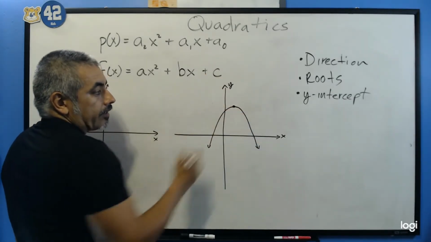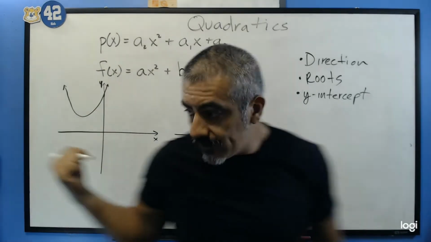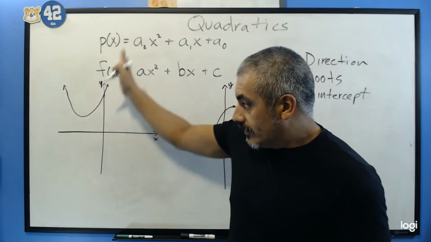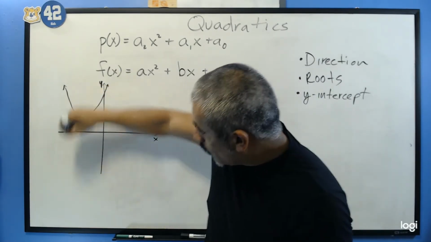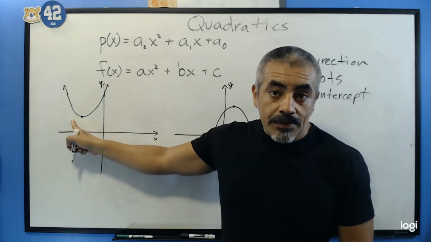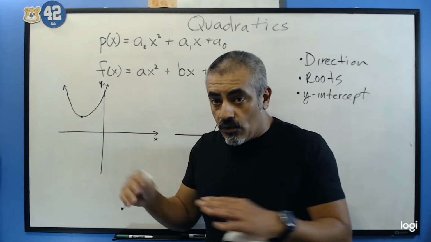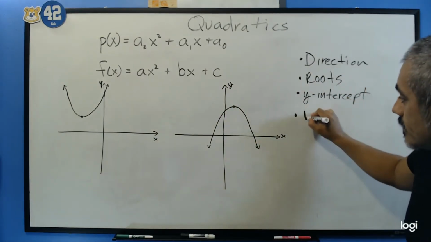This point right here is this parabola's maximum value. Now, on the other hand, in this case, we have a value where the parabola does not go under. So that is going to be the minimum value of the parabola. Now, of course, this is simply the vertex. We call this the vertex of the parabola. It is the lowest or the highest point in a parabola. So I'm just going to put it here, the vertex.